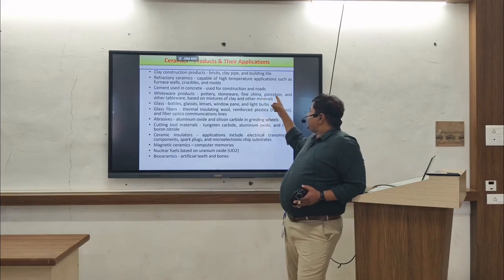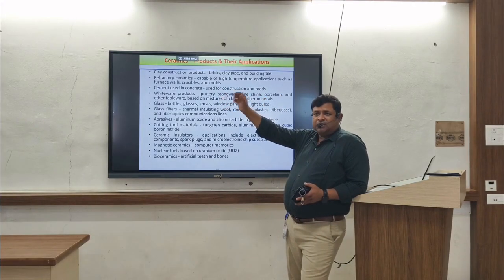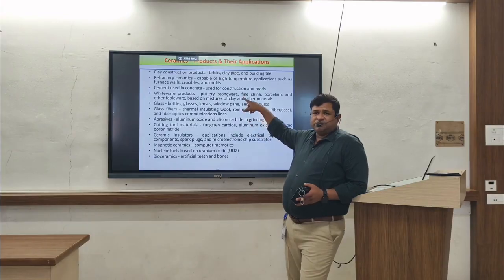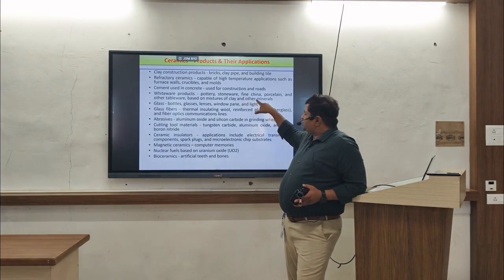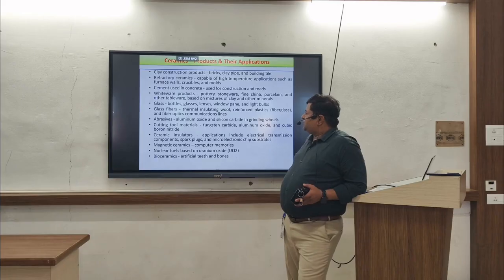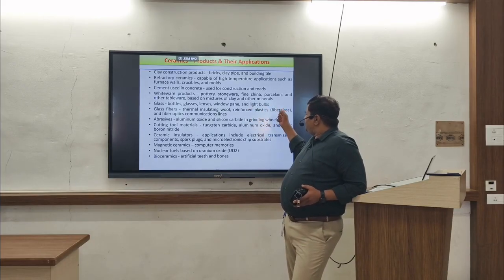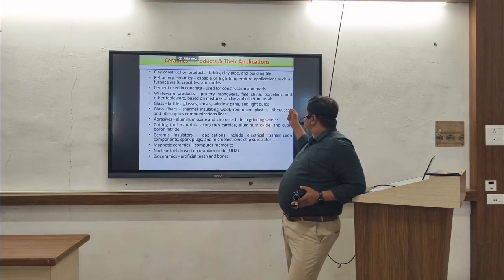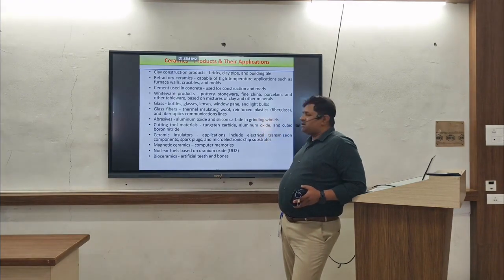Capable of high temperature applications such as furnace walls. जो हमारा furnace है लैब में आपने देखा, that furnace walls are made from this ceramic bricks. Then cement used in concrete, used for construction and roads. Then whiteware products like pottery, stoneware, fine china, then porcelain and other tableware based on mixture of clay and other minerals.